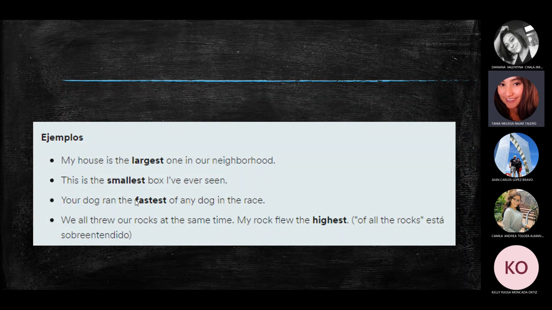Remember that in the superlative, you always need to put the article the, and after this the adjective and est, or in short words, in Spanish, más, the grade of superlative comparison. And with the long adjectives, we have most, and with the article the. Okay.